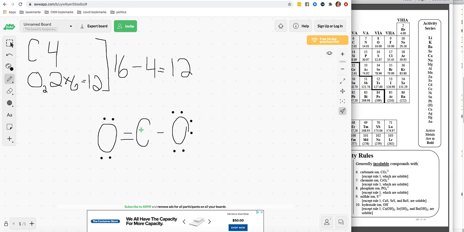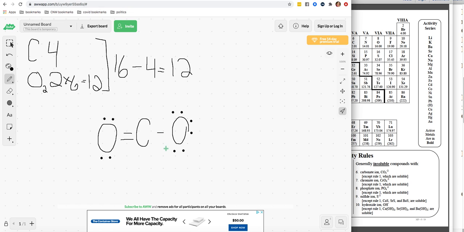And so now this oxygen still has 2, 4, 6, 8, and the carbon now has 2, 4, 6, so it's getting better, but it still doesn't have 8.